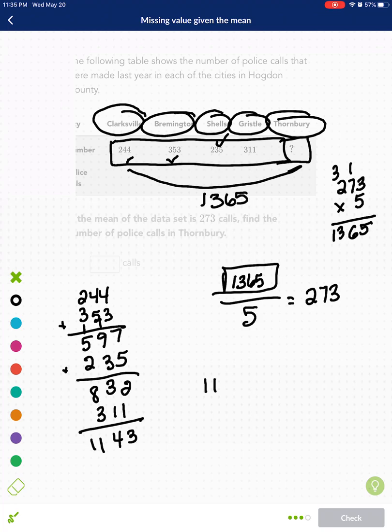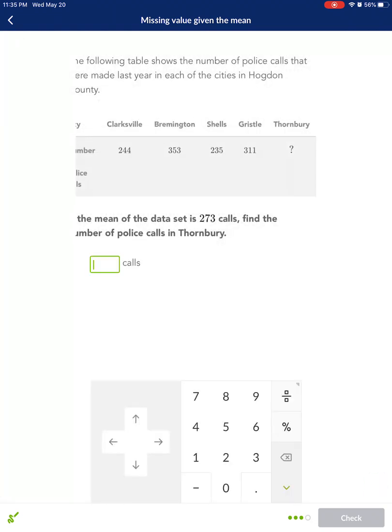So we have 1,143 accounted for, but we need to have a total of 1,365. So we're going to subtract to find the difference. That's going to be 222. 222 would get us to a total of 1365. So let's try it. We're going to type in 222.